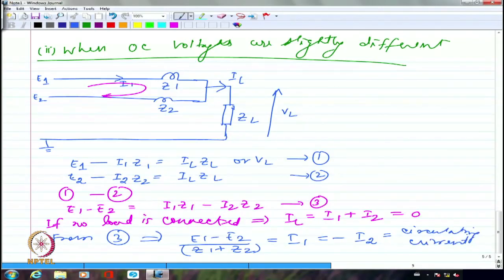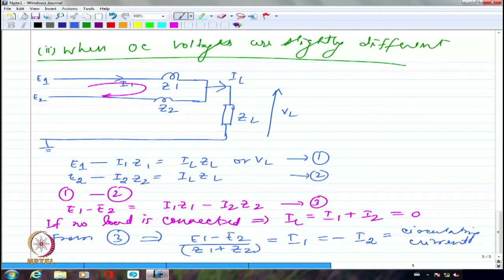So the circulating current through the transformer, when the open circuit voltages are even slightly different, is going to be quite a bit if the impedances of the transformer are very, very low inherently, which happens in a very high capacity transformer. Whenever I have a very high capacity transformer, the circulating current is going to be extremely large because inherent impedances will be low.